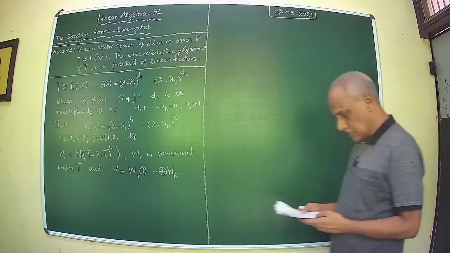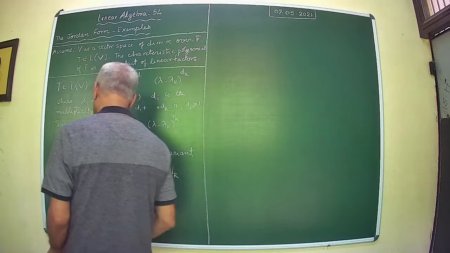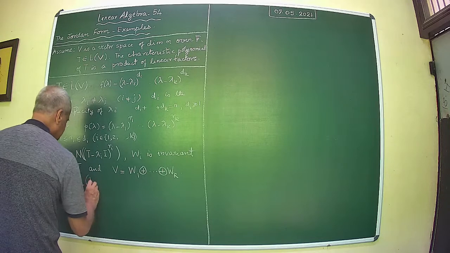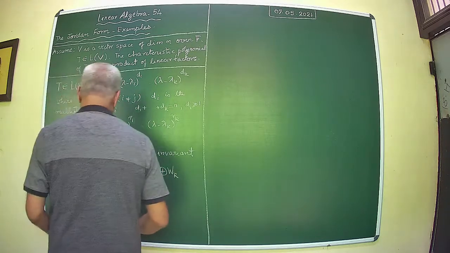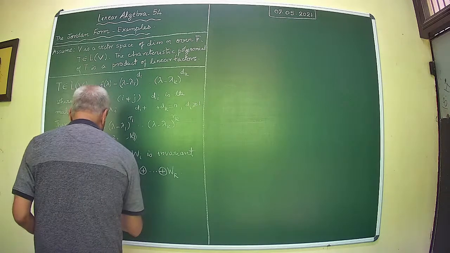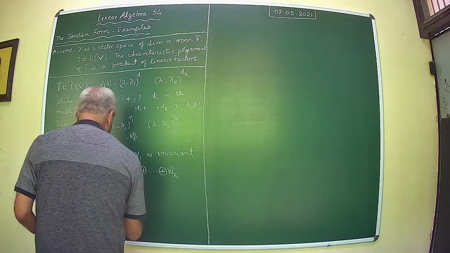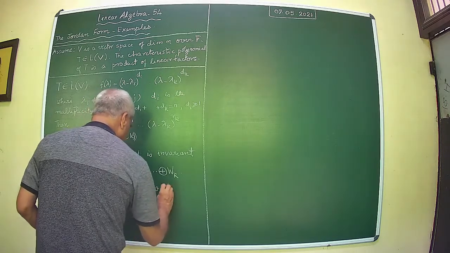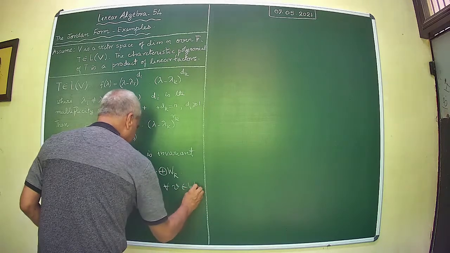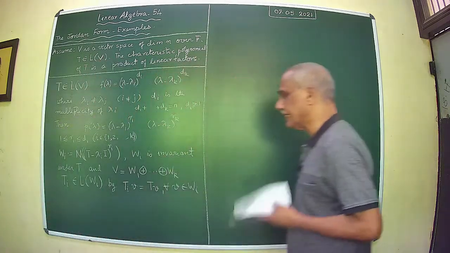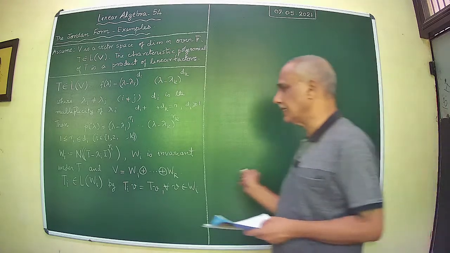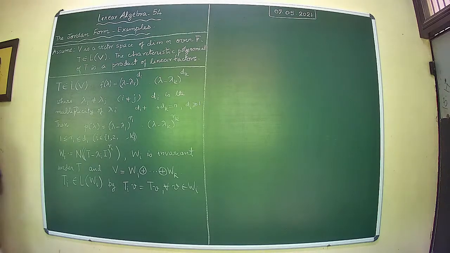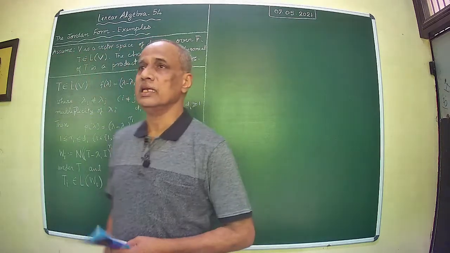Now we define Ti belonging to L(Wi) as T restricted to Wi. So it induces a linear transformation on Wi, and this induced linear transformation is denoted by Ti.